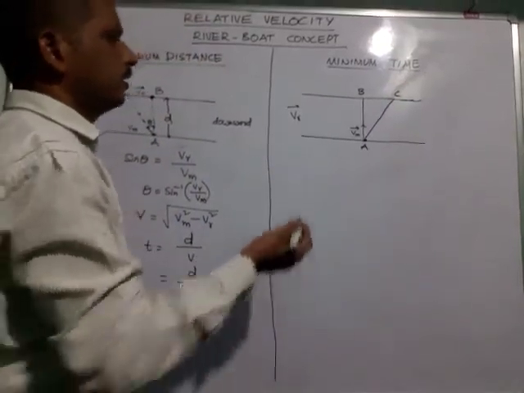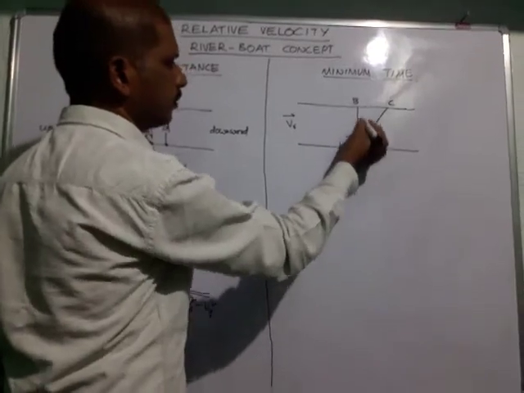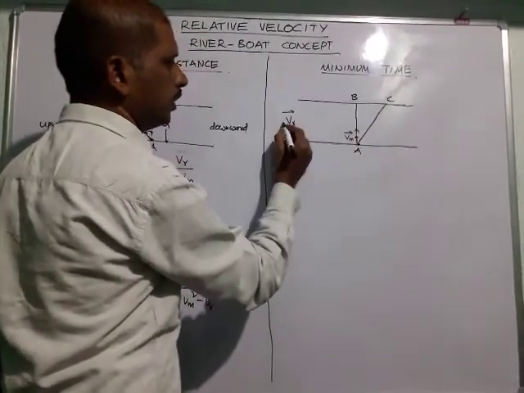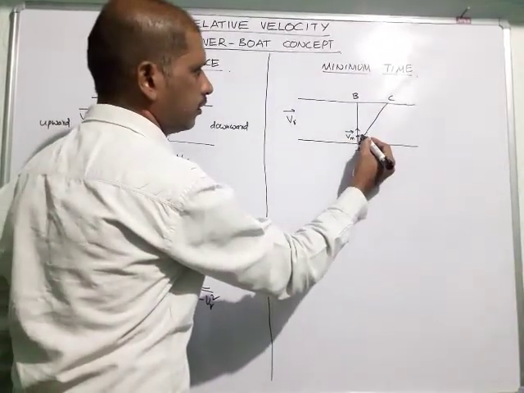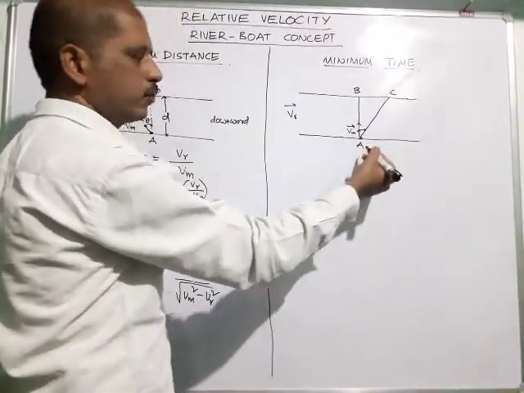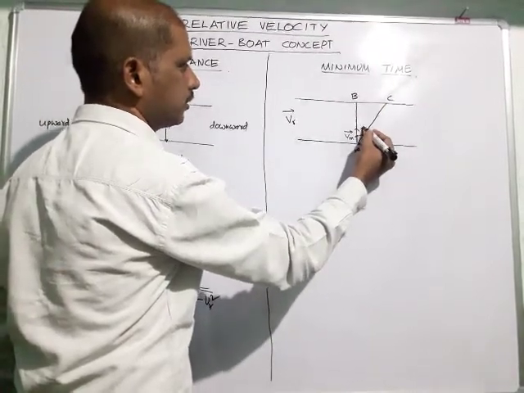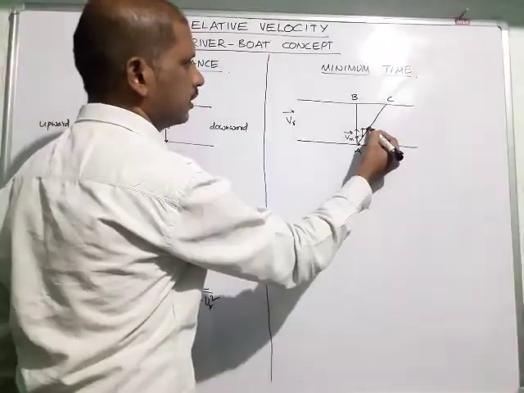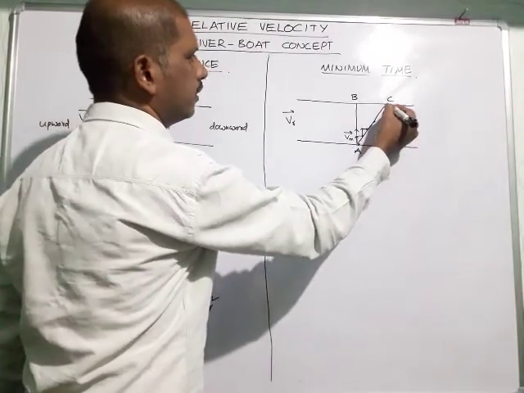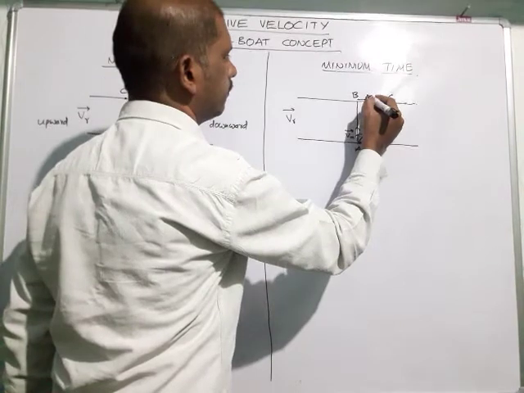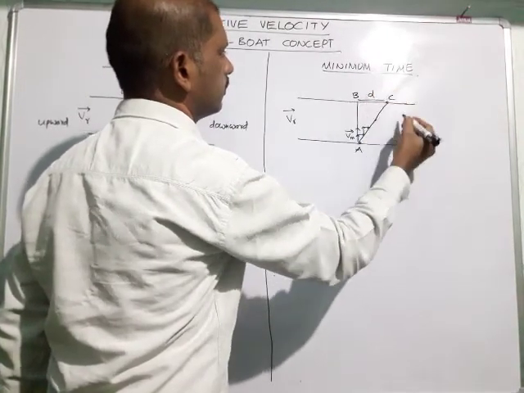Here this is Vm, velocity of the person. When he wants to move in this direction, because of the river, he will be pushed towards that point. Again he wants to move exactly opposite, he will be pushed, and like this he will move and reach C. This is nothing but the drift, which we can consider as d.